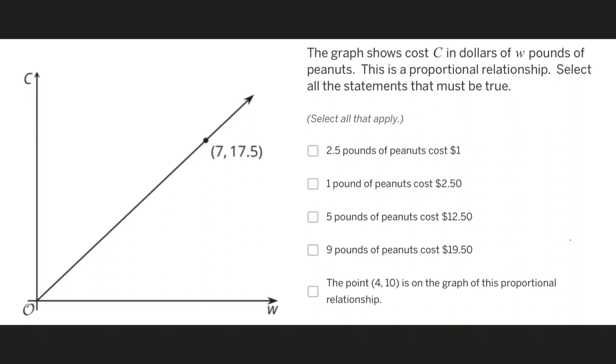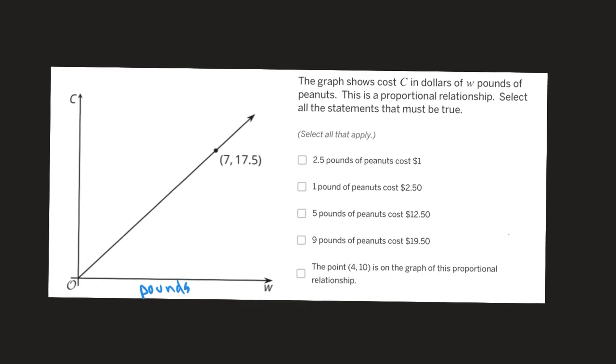Here on the bottom is my W, the pounds. The other side is my cost. They're telling us that 7 pounds costs $17.5.